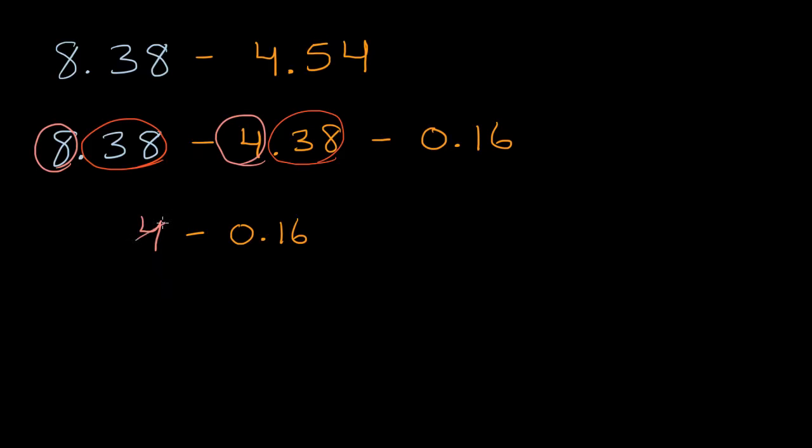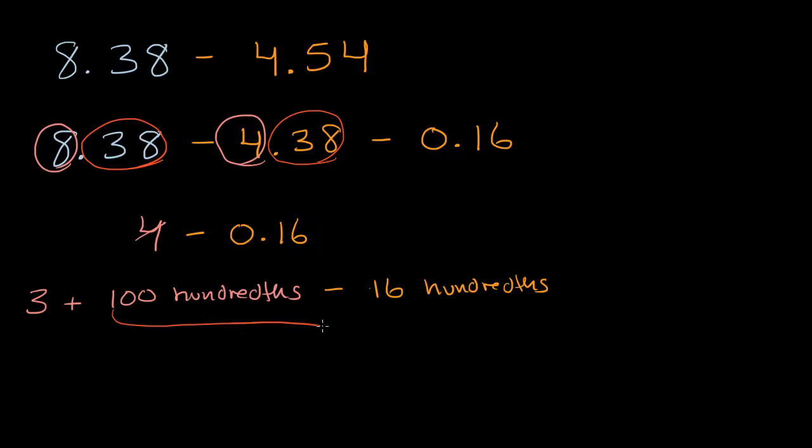You could say, okay, 4 is the same thing as 3 plus 100 hundredths. And then I want to take away 16 hundredths. Well, 100 minus 16 is 84. So this part right over here is 84 hundredths.